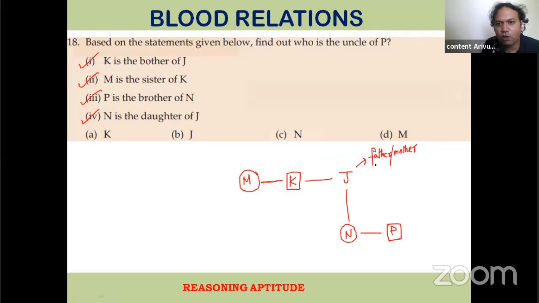Their father or mother is J, and father or mother's brother is K. Let's just take father and say father's brother here; father's brother or mother's brother does not really matter. So what do we call father's brother? Uncle. So K is the uncle. I hope this has made it clear.